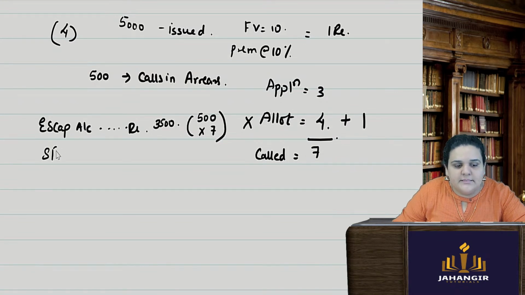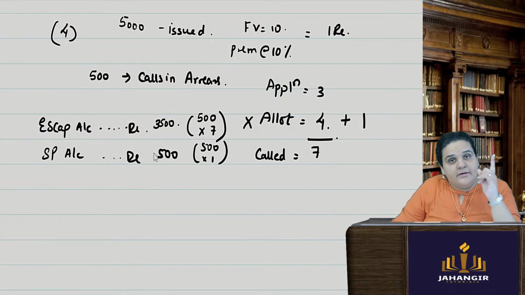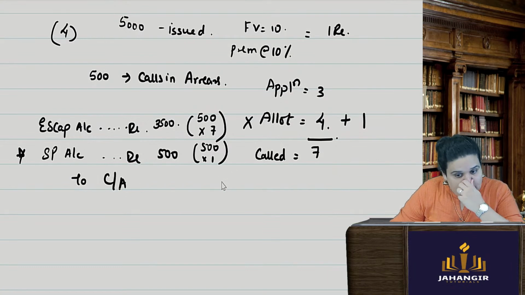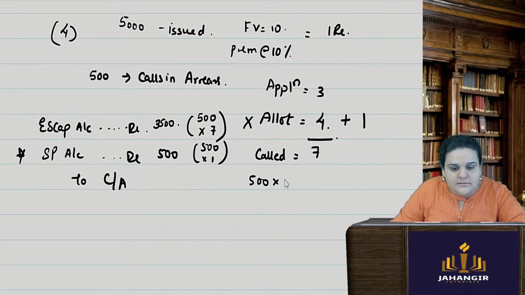See, I'm just passing the journal entry for you all to understand. Security premium is unpaid. So whenever it is unpaid, it will always reflect in calls in arrears. Calls in arrears is on the total unpaid amount. So total unpaid amount is 500 into 5, 4 plus 1.